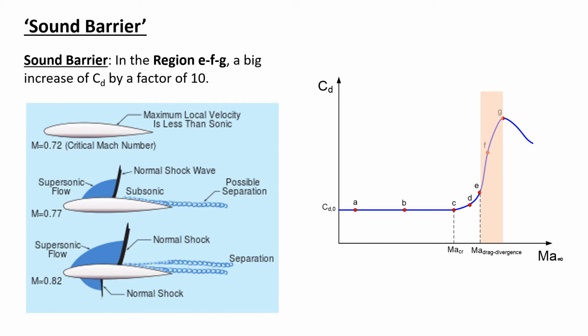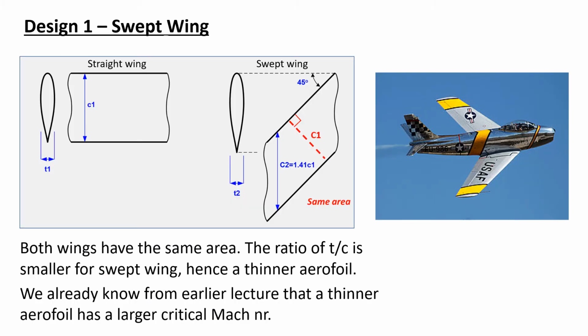Okay, so now we will see what our aerodynamic designers do to address the sound barrier, to address the drag increase. The first design is the swept wing. We are quite familiar with that. Nowadays, all transport aircraft are equipped with swept wings. And I believe in other modules, you must be familiar with the reason.